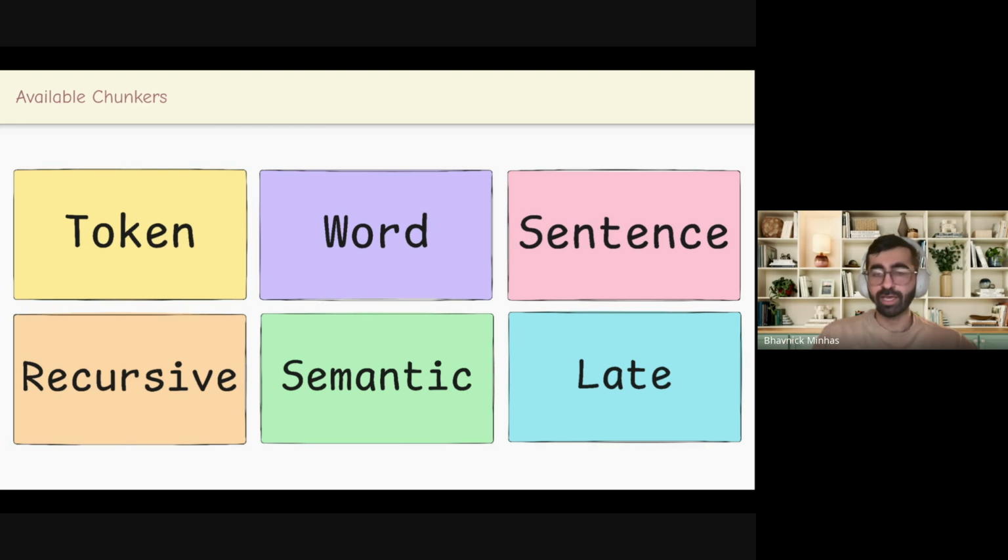And then the next thing is semantic. Shout out to Greg Kamradt, who I hope I'm pronouncing his name right, who actually found from a tweet, I believe, that we should have some sort of dynamic way of chunking based on what sentences go together, basically topical sentences, so to speak.